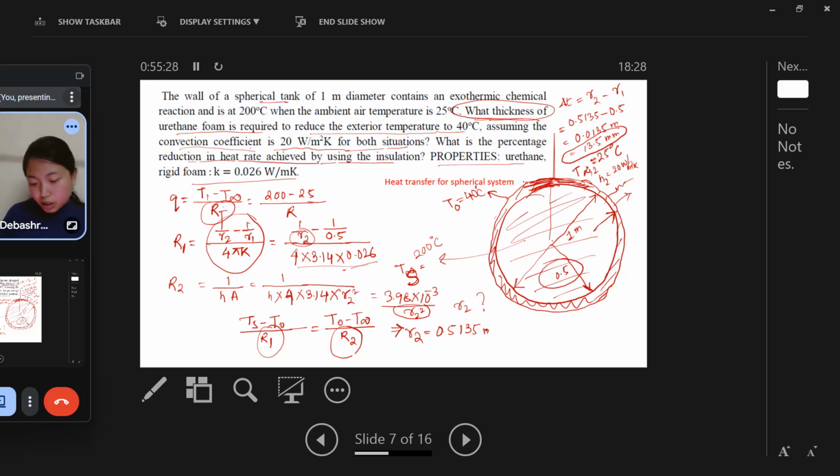Okay, then how will you find out next? What is the question? What is the percentage reduction in heat rate achieved by using the insulation? So first you have to calculate the heat rate without insulation, and you have to calculate the heat rate with insulation.